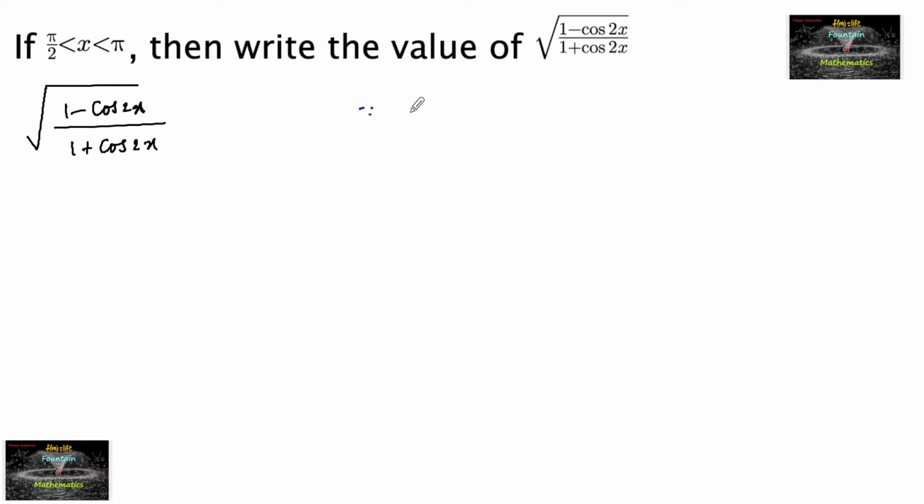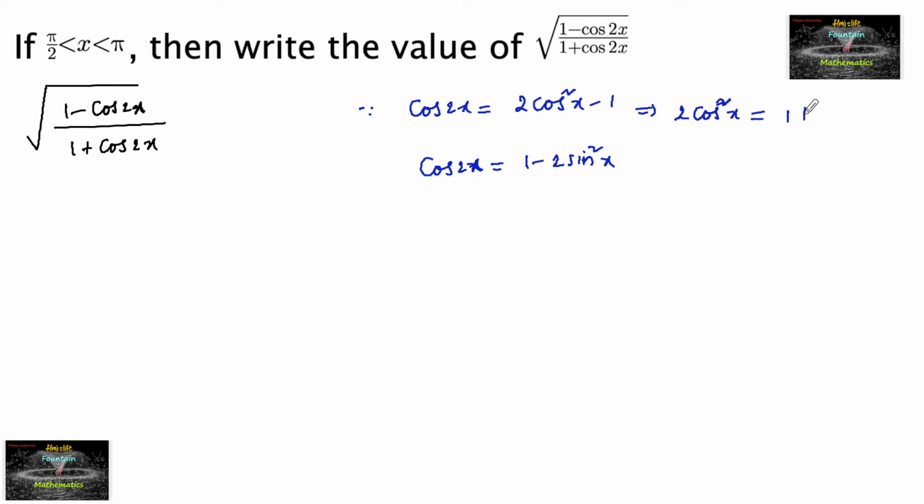Since we know that cos 2x is equal to 2 cos square x minus 1, and cos 2x is equal to 1 minus 2 sin square x, which implies also 2 cos square x is equal to 1 plus cos 2x, and 2 sin square x is equal to 1 minus cos 2x. So let us substitute 1 plus cos 2x and 1 minus cos 2x here.